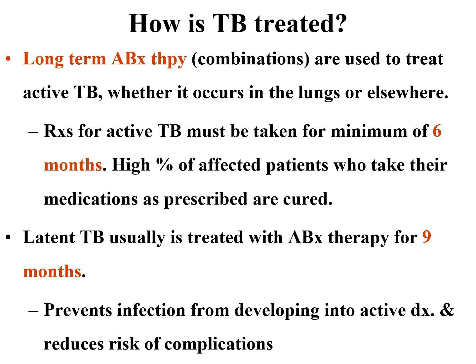And this helps to prevent infection from developing into active TB disease and reduces the risk of associated complications. Now, whether you have active or latent TB, the treatment plan is going to be antibiotic therapy, and oftentimes for a very long period of time, as you can see here, for several months.